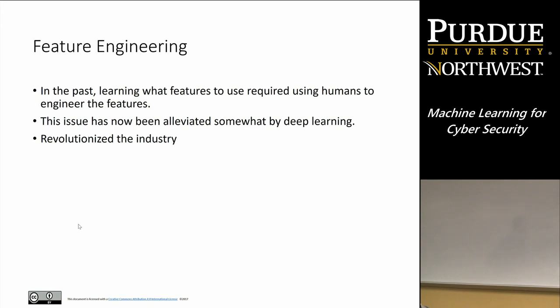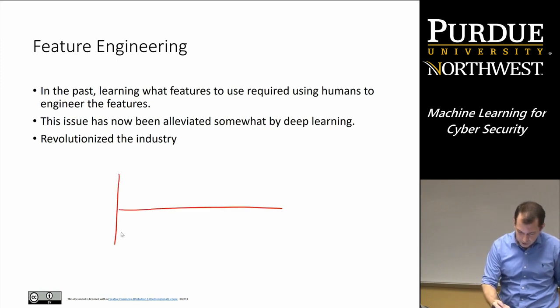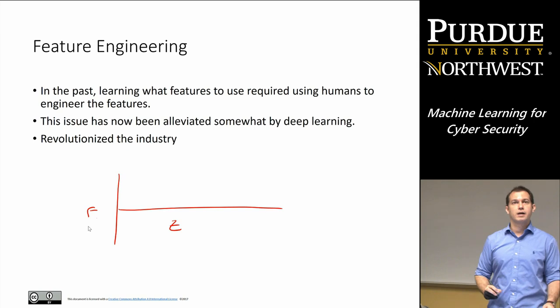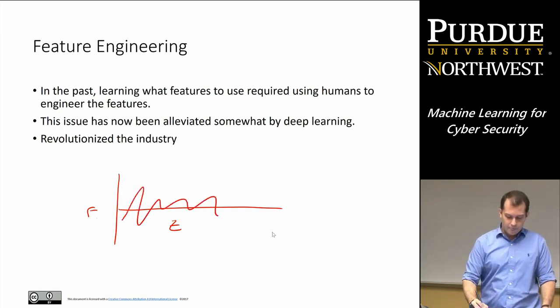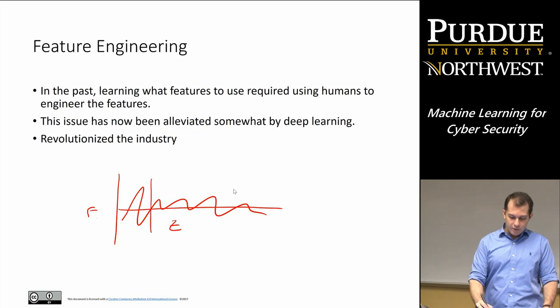Feature engineering is the experts coming in and figuring out what features we need to use. For instance, let's go back to speech processing, or signal processing. This is the time, this is the frequency, and this is a signal. But from math, we know that a signal in the time domain can be converted into something in the frequency domain.